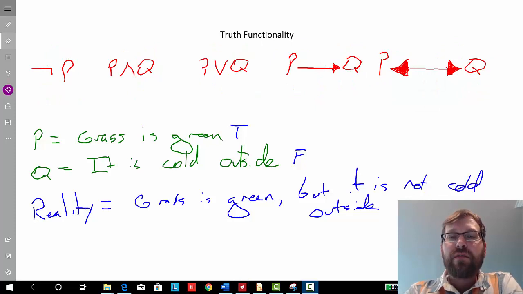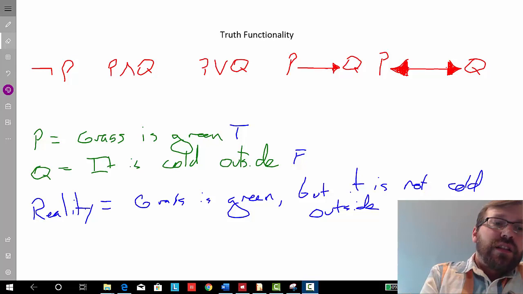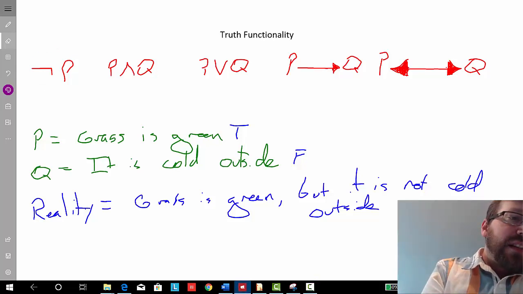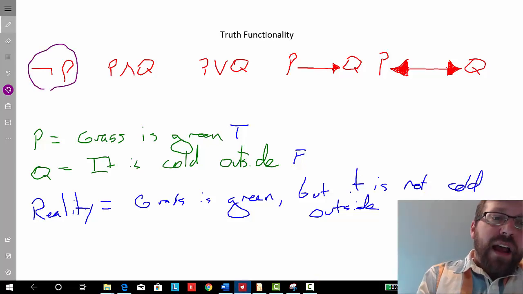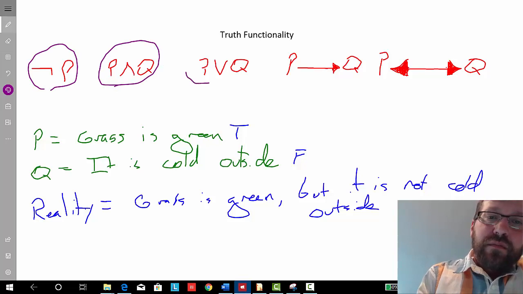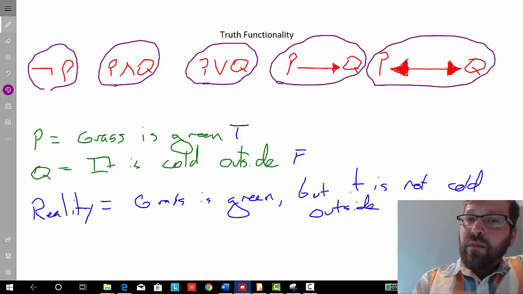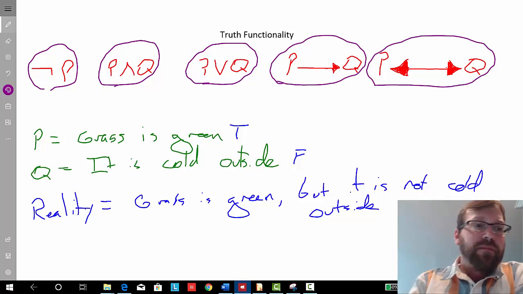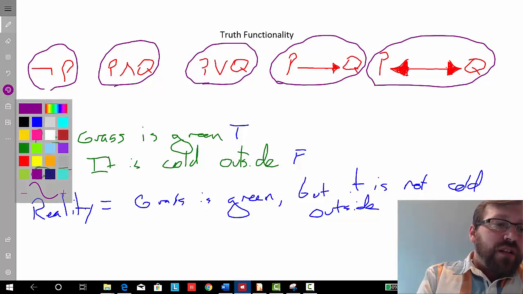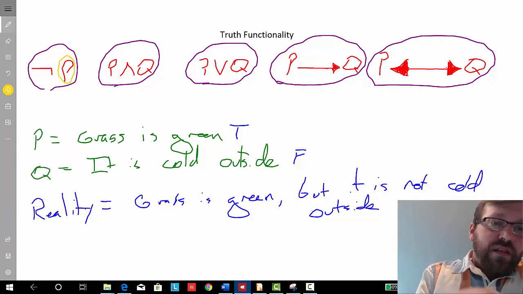So again, to reiterate, these logical connectives are truth functional because the truth value of the more complex sentence that is formed out of these connectives is a function of the truth value of the sentences that are being connected by them.